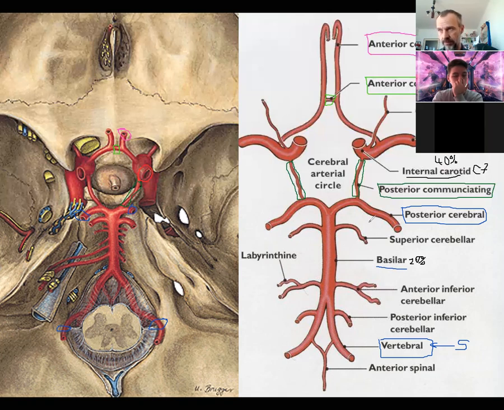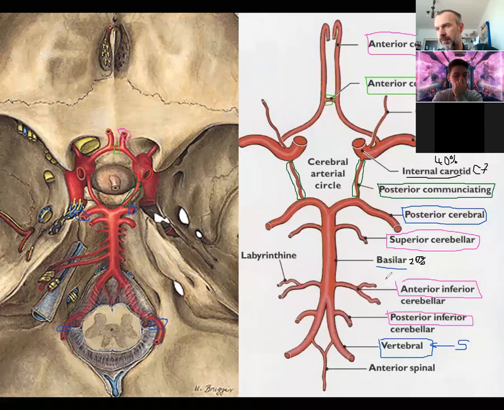You can see that the basilar artery gives branches for the cerebellum: the superior cerebellar, and then 2 inferior cerebellars, the anterior inferior and the posterior inferior cerebellar artery. As you can see, the anterior is branched from the basilar, the posterior is branched from the terminal segment of the vertebral.